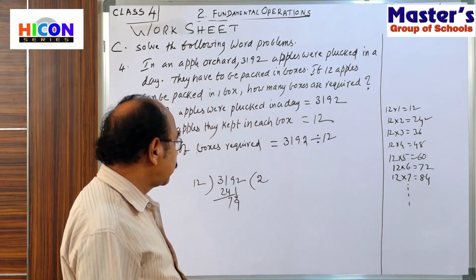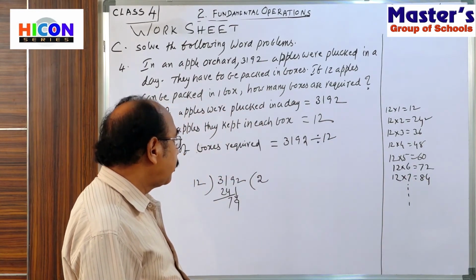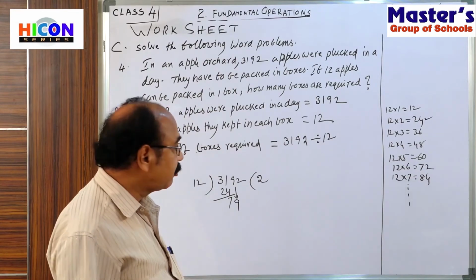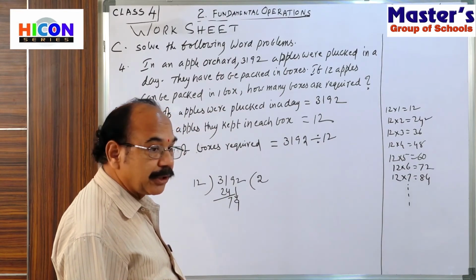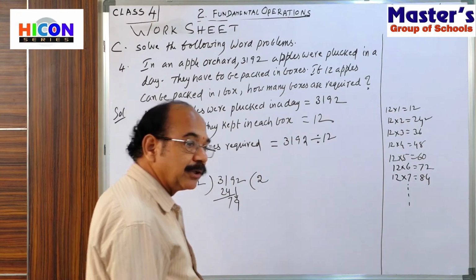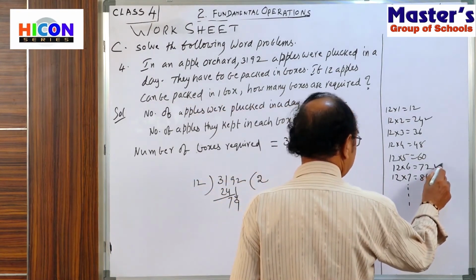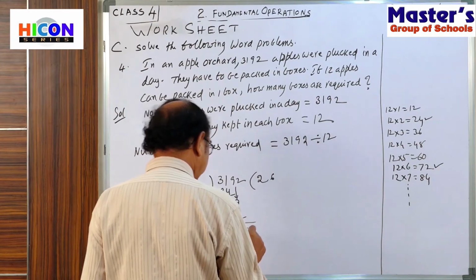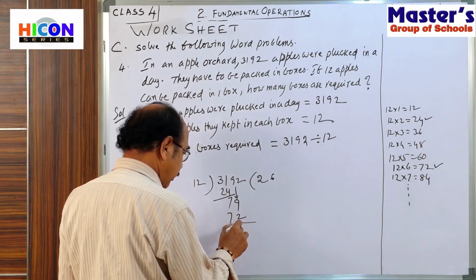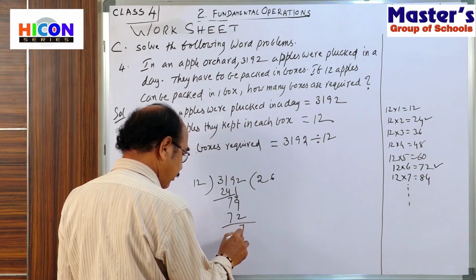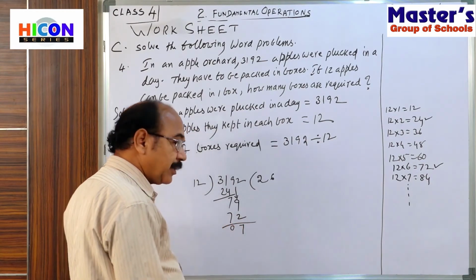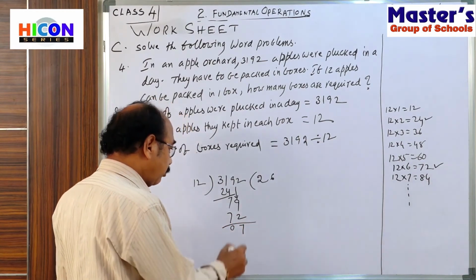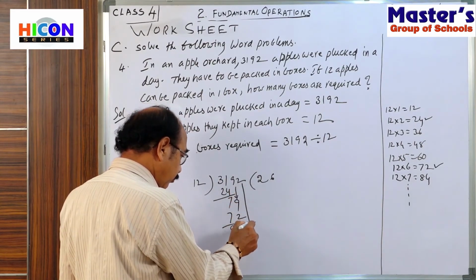How many times do you select? 12 sixes are 72. If you take 7 times, you get more. That's why select 6 times. 12 sixes are 72. Subtract. 9 minus 2 is 7. Now from the dividend, bring down 2.